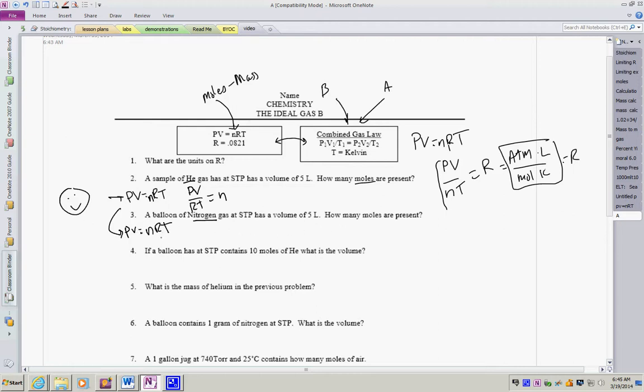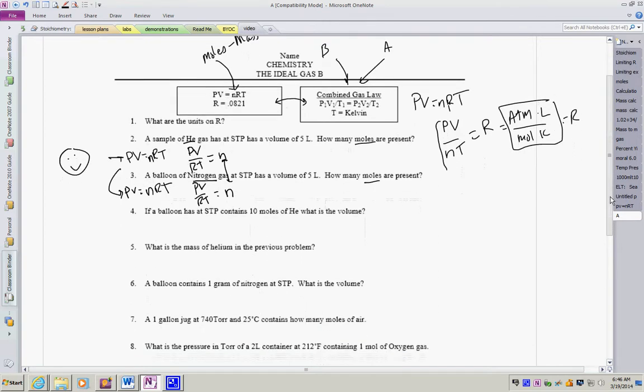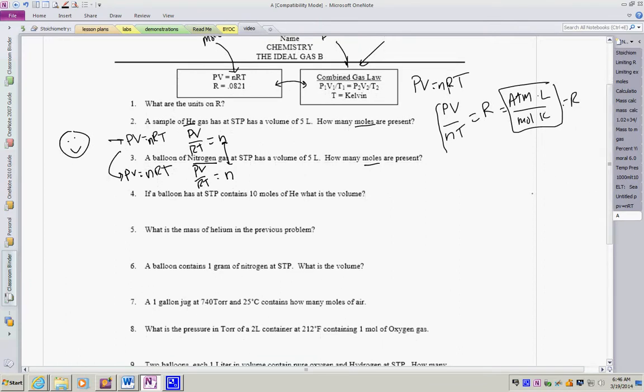Because we have the same conditions, same exact problem here, PV over RT equals n, there's going to be no difference in the mathematics. So these two are going to equal each other. Equal moles, but not equal mass. It's not asking for mass, so in that case, we'll have the same number of moles. It just happens that the hydrogen is much lighter, hence the heavier gas will sink and the lighter gas will float.